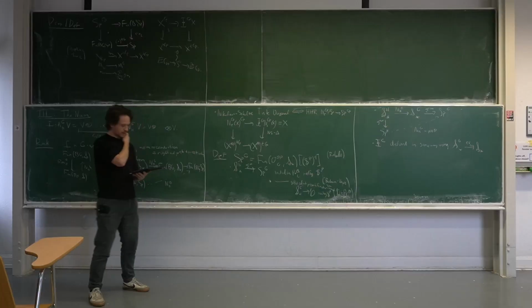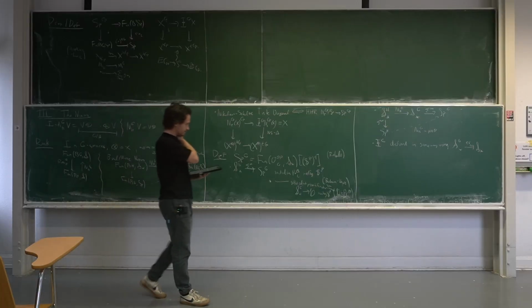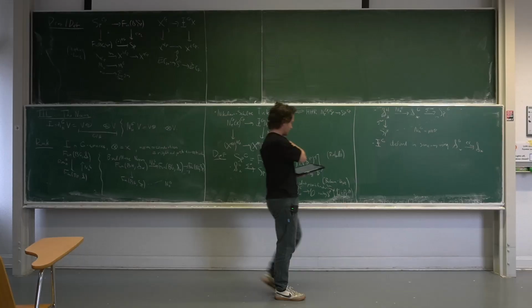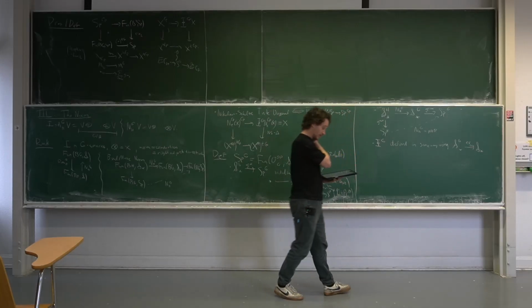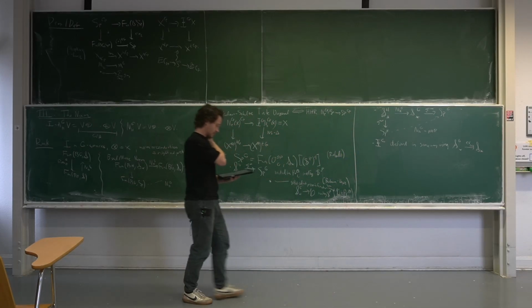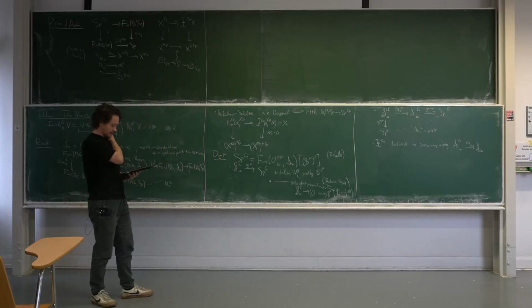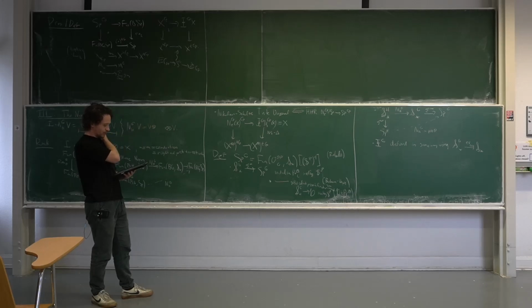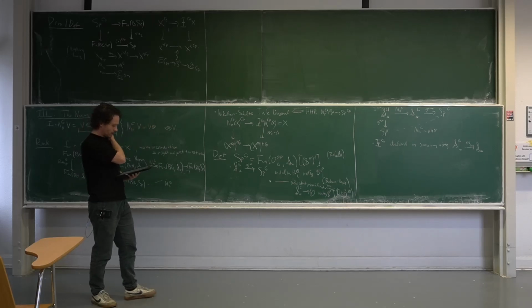So that functor is colimit preserving. It's a left adjoint, and in particular, it defines the geometric fixed points functor in the same way. Okay.